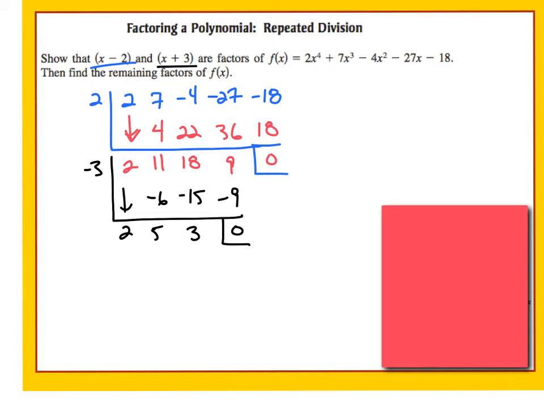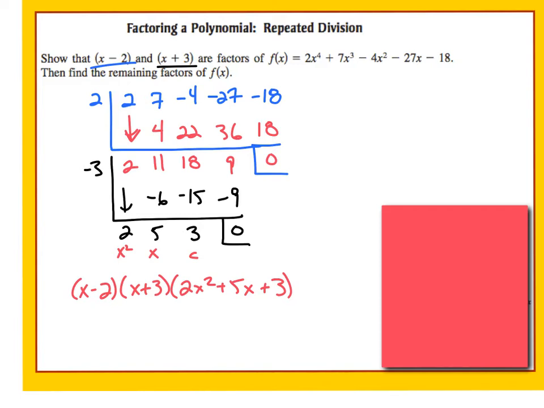All right, and that's where I'm going to stop actually every single time. All right, because I get a constant, I get an x, and I get an x squared. So if I actually write out my factored form right now, I'd end up with x minus 2, and then I'd end up with x plus 3, and then I'd have 2x squared plus 5x plus 3. And I stop there because I know how to factor a quadratic.